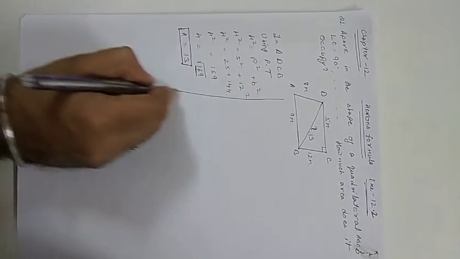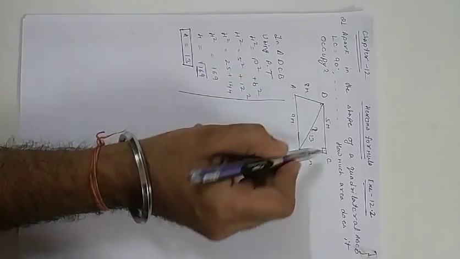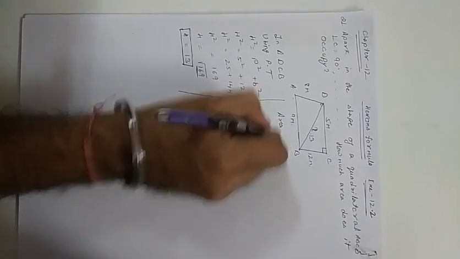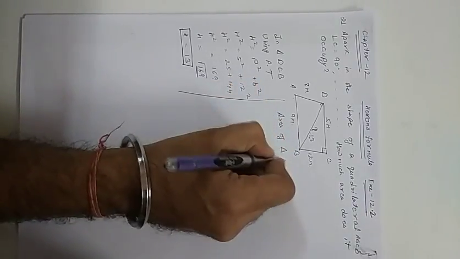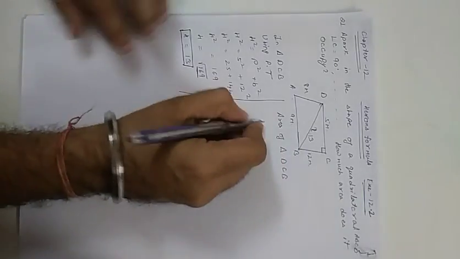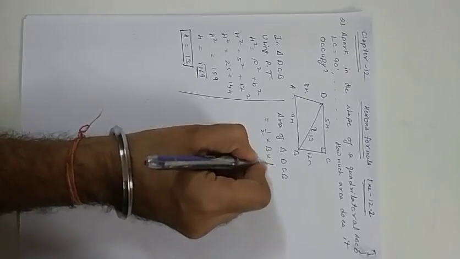The question asks how much area it occupies. This question wants the area of the complete figure. First we find the area of this half portion, so area of triangle DCB. This is a right angle triangle, so it equals half into base into height.